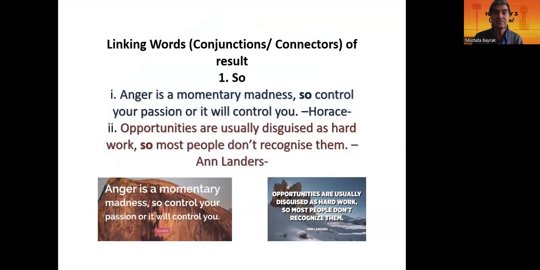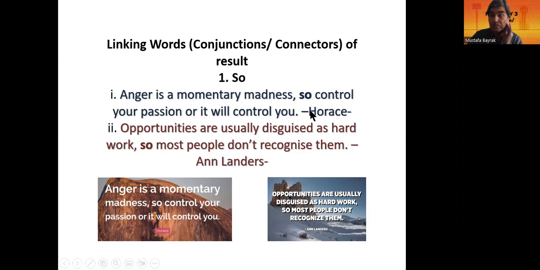As a result. Now linking words, conjunctions, connectors of result, of course, starting with so. Landor said this: Anger is a momentary madness. Yes, anger is madness. Fury is madness.